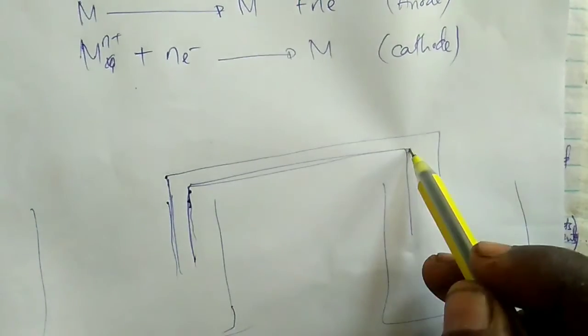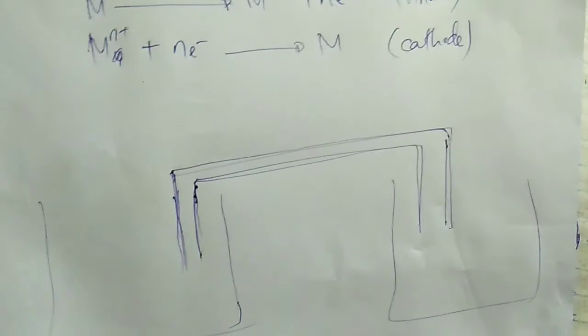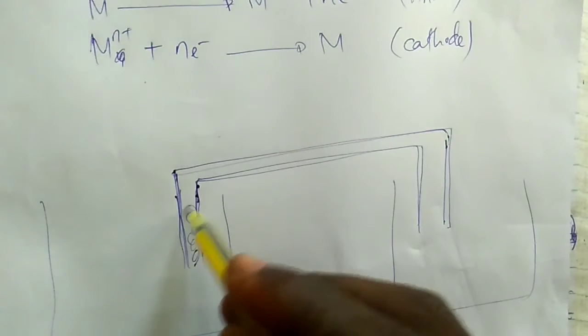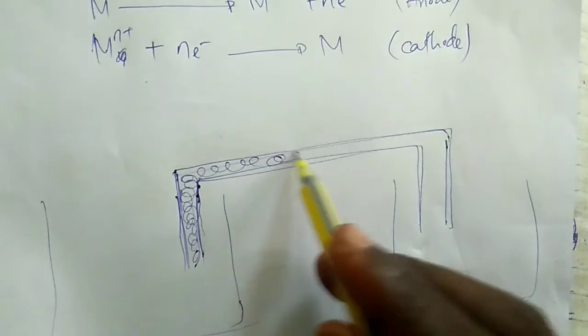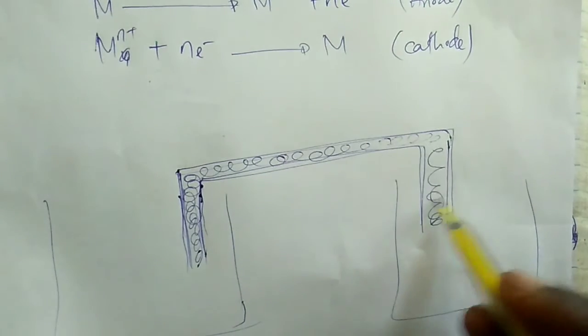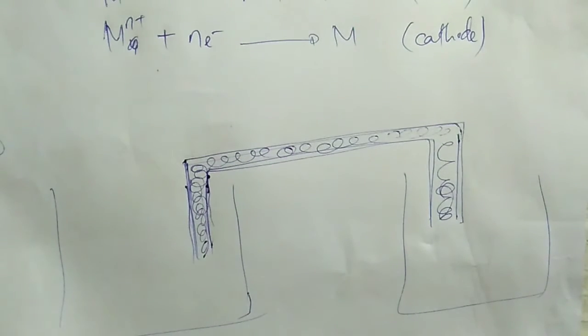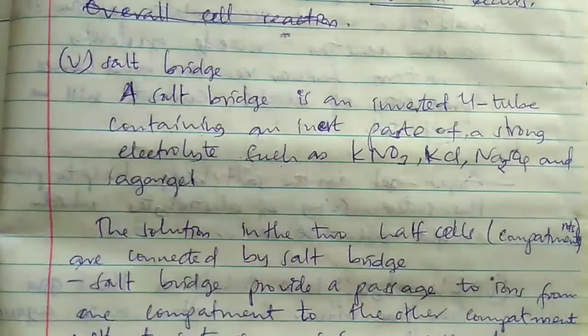Ndani tunaweka strong electrolyte pamoja na agar gel, kama kuna uji fulani mzito ndani. But the materials packed inside allow the passage of ions from this solution to this solution, or from this solution to this solution.